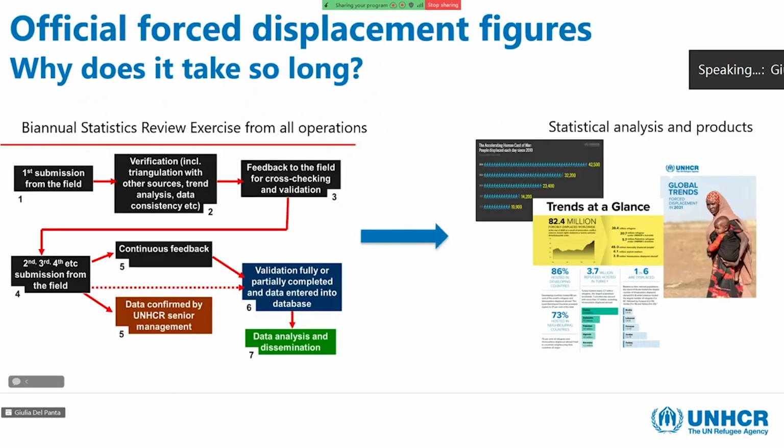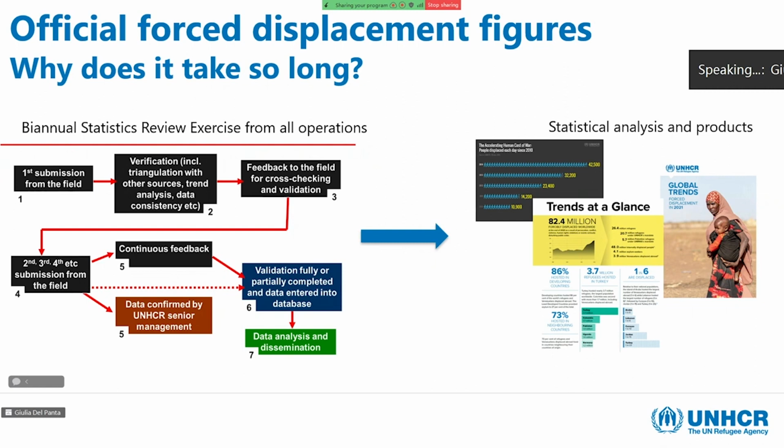So why does it take so long to get these forced displacement figures? It's quite a process because keep in mind it covers the entire globe, so every single country in the world. Every operation has to get the data from either the government or other sources, which might have a delay in itself, and then they have to send it to the regional office where it's checked and analyzed.